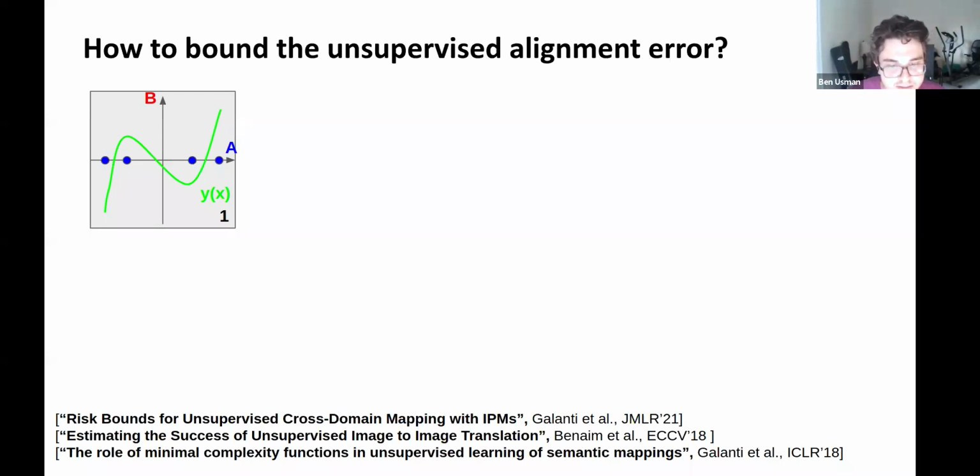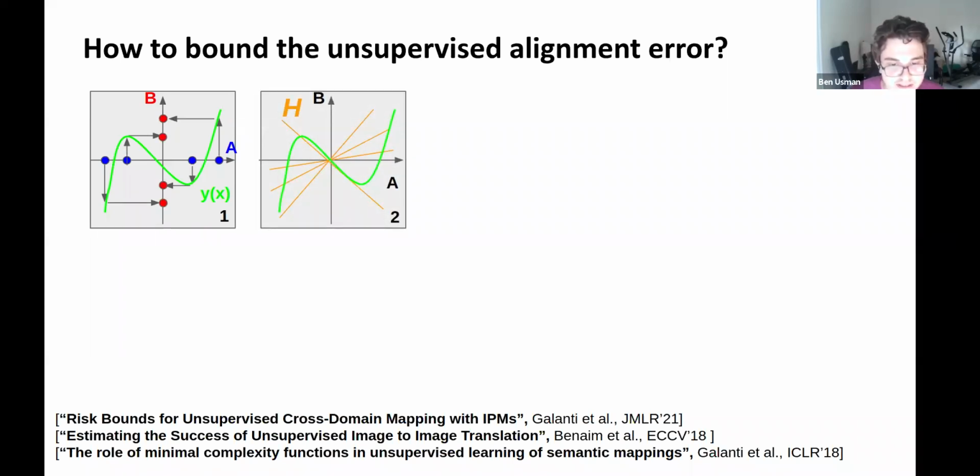They assume that there is a ground truth mapping y of x and the ground truth dataset A, and that the dataset B is constructed by applying this ground truth function y to the dataset A. They also assume that there is a hypothesis class H of candidate mappings from A to B, orange linear functions in this visualization. So our learning algorithm has to pick a good A to B mapping from these orange lines without explicit pair supervision.